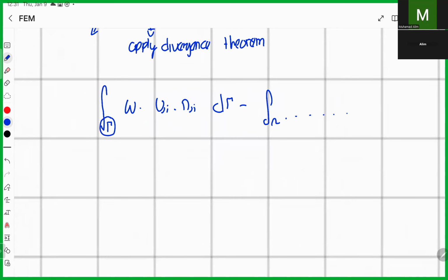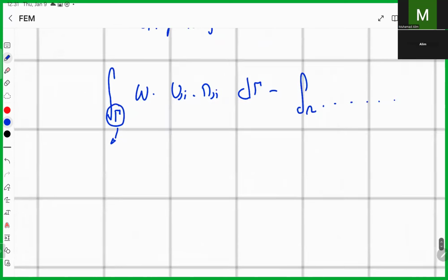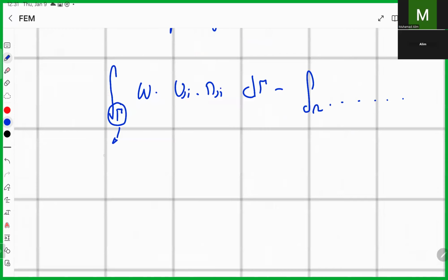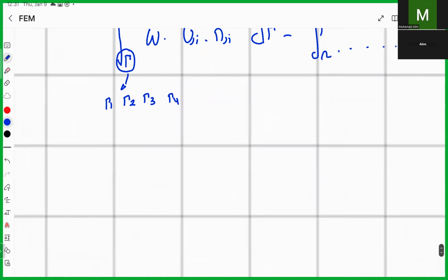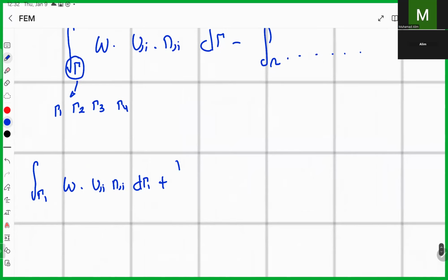So we want to break this down into one, two, three, and four here, correct? So that's what we're going to do. Let's see. So we have one here. This is the same here, and n_1, and then plus two W, and n_2 here.